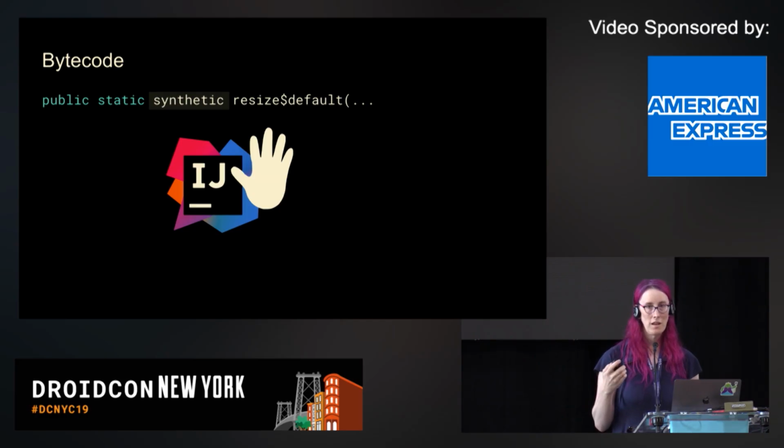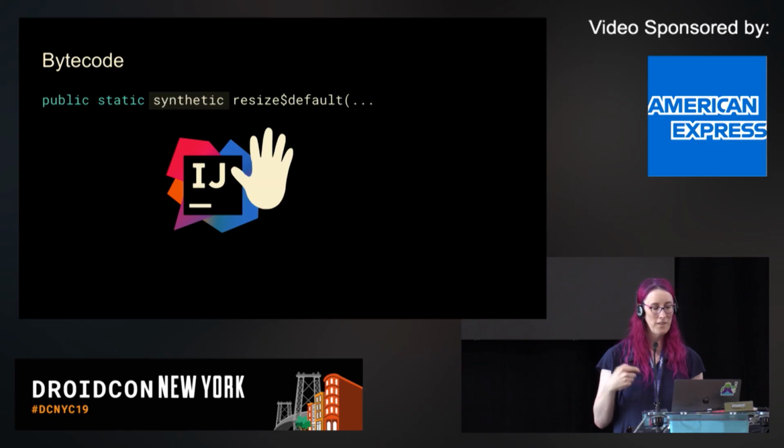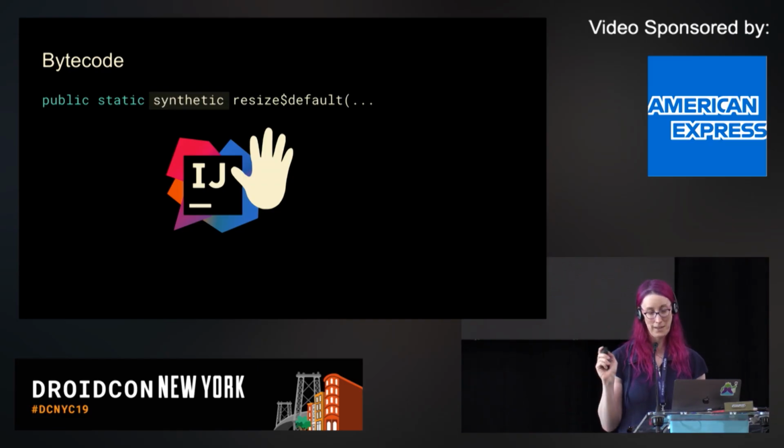In the Java programming language, synthetics are often used for accessing private members of inner classes, and the Kotlin compiler totally makes use of these. And so, since it's synthetic, we could cheat and call it with reflection, but it's got an ugly name and ugly parameters, so we really don't want to do that.